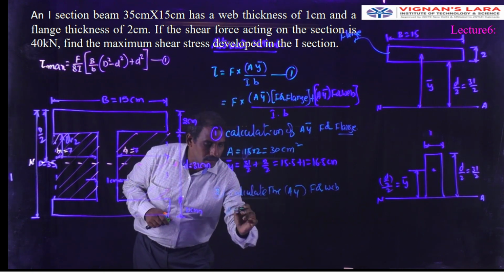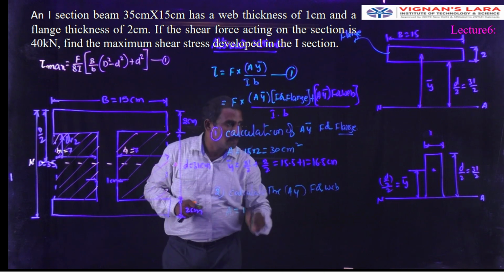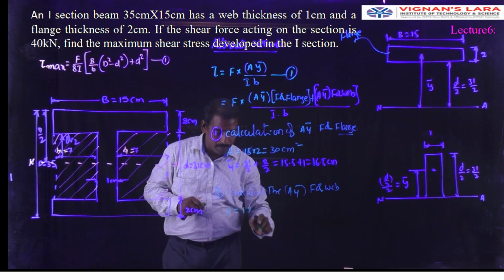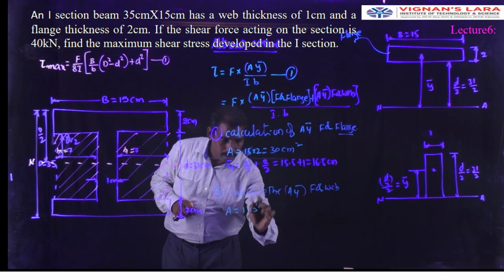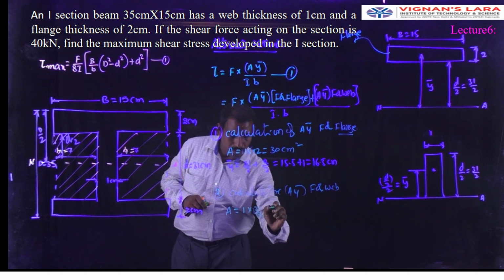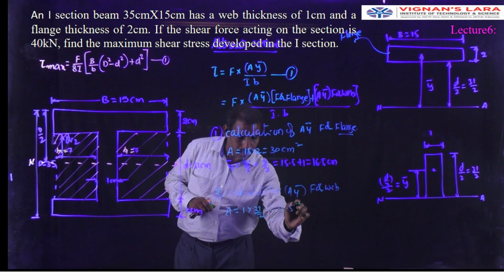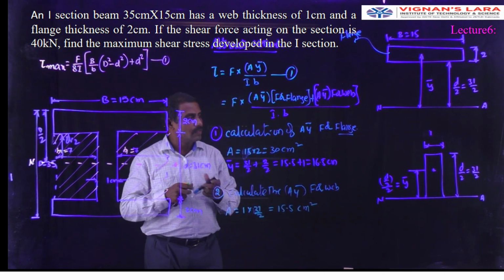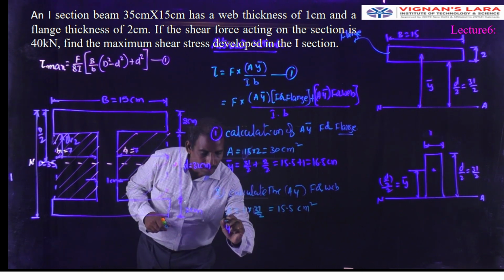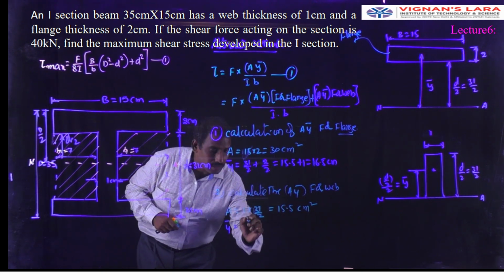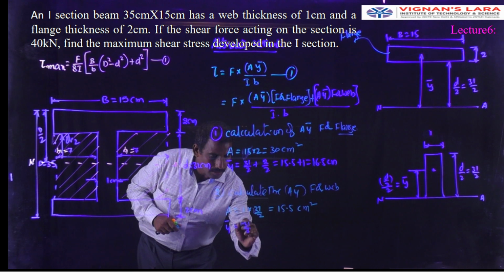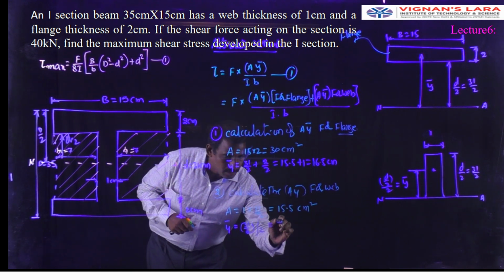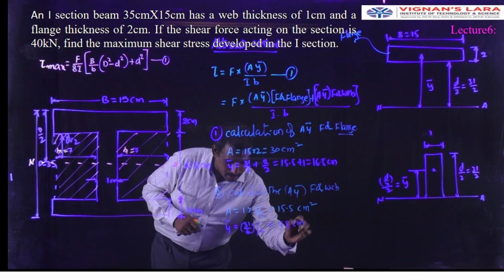Then calculate the AY bar. Initially A is equal to the base, which is 1, into the depth of the web, 31 by 2, so that is equal to 15.5 centimeter square. Coming to the y bar, y bar is equal to 31 by 2 whole divided by 2, which is equal to 7.8 centimeters.